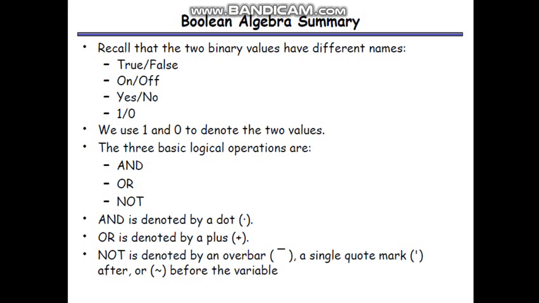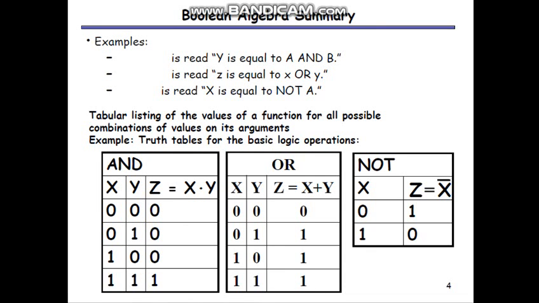AND is denoted by a dot, OR is denoted by a plus, and NOT is denoted by a bar, or by a single quote mark after or before the variable. So y equals a AND b, z equals x OR y, and x equals NOT of a.